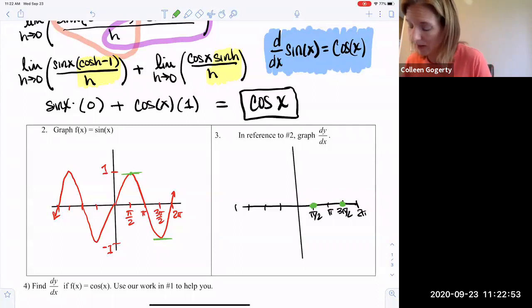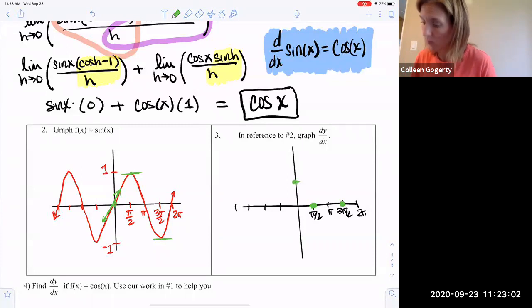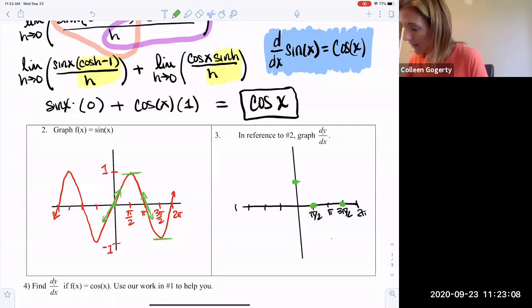Now let's think about what we estimated for the slope of the tangent line here at 0. That's a 1. But here at pi, the slope we would estimate at -1. And when we get back to 2 pi, here's my tangent line, we're back to 1.